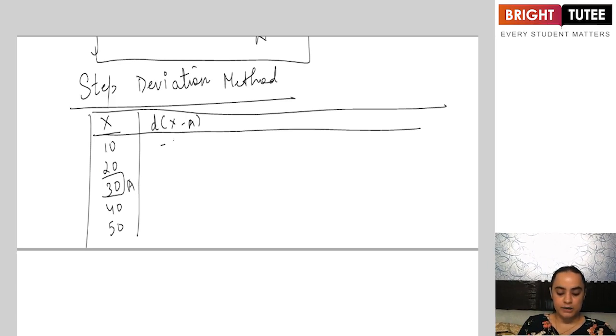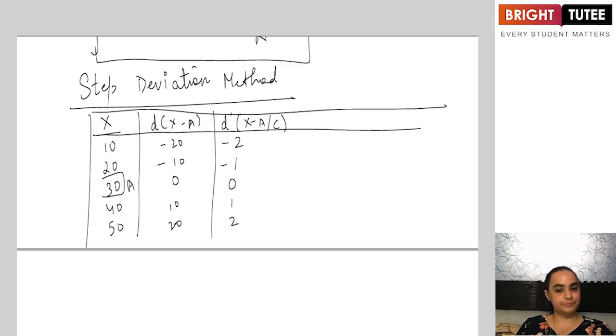I got minus 20, minus 10, 0, 10, 20. Now for step deviation, I have to calculate d dash. And what is d dash? X minus a divided by the common factor. Now what is the common factor that we can see? It is 10. So, if I divide minus 20 by 10, minus 2, minus 10 divided by 10 is minus 1, 0, 1, 2.